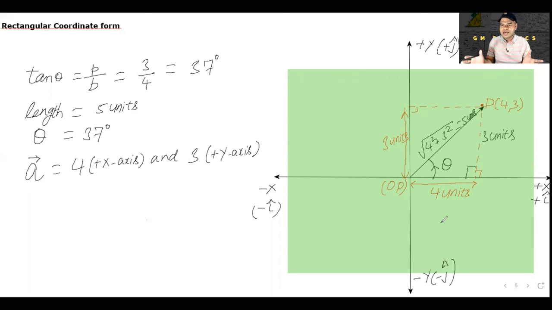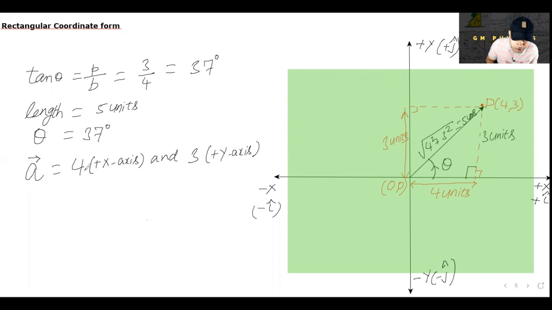It should not create any confusion or any complexity in your mind. Simply, rather than saying along the positive x-axis, we are calling it positive i cap. Rather than saying along the negative x-axis, we are calling it negative i cap. Same with positive j cap, negative j cap, right?